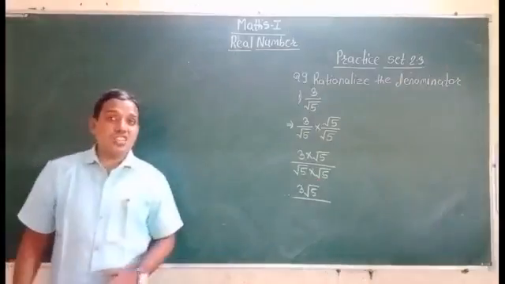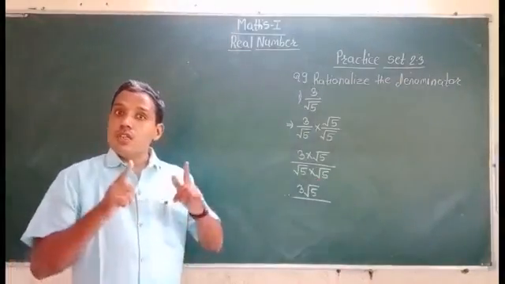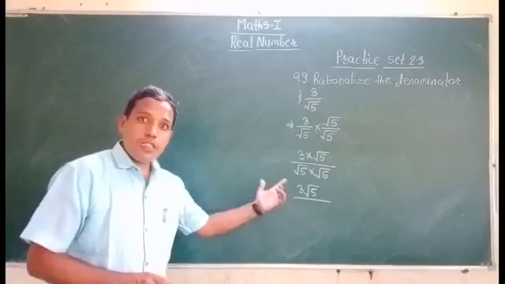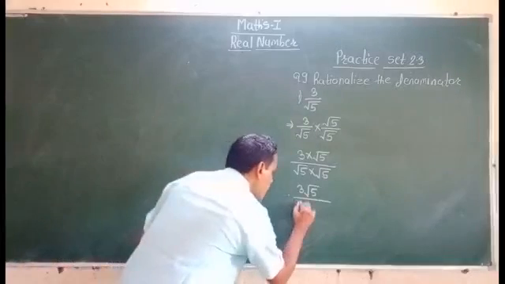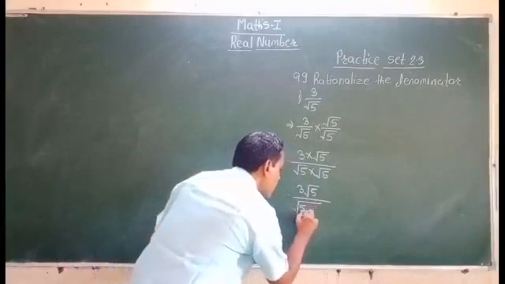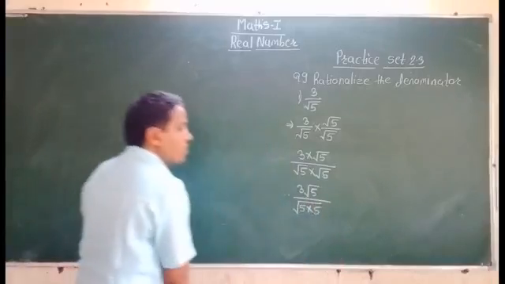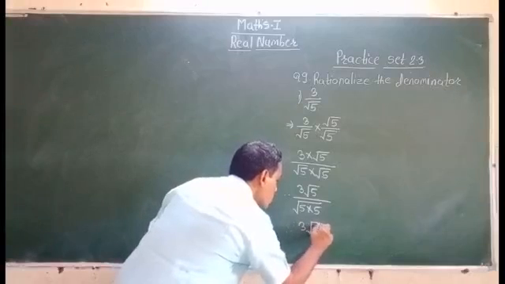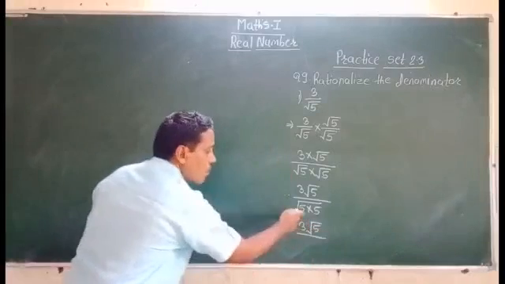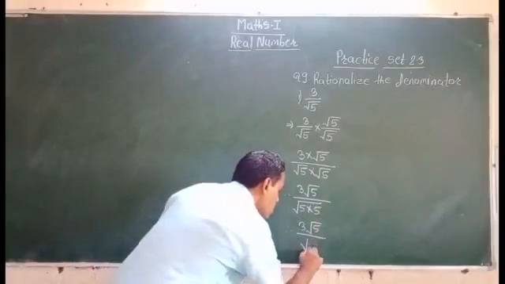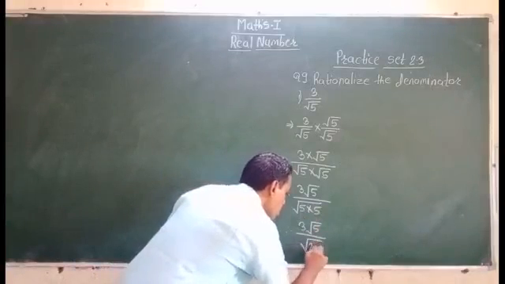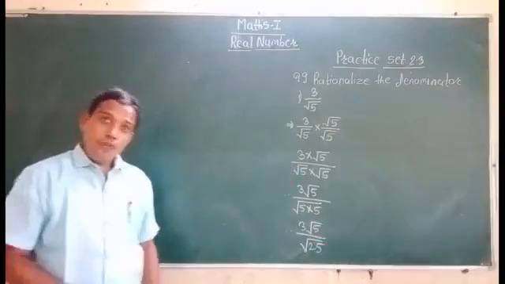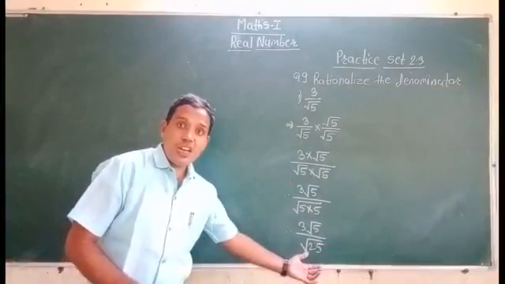Both are surds and both have the same order, that is why the multiplication takes place between them. So in that multiplication, we write 5 into 5, therefore 3 into root 5 upon root 25.